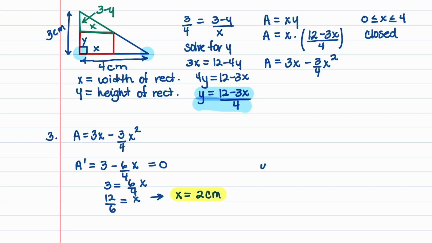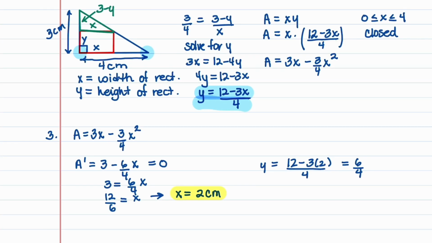So let's say that y is 12 minus 3 times 2, all divided by 4. This is 12 minus 6, which is 6 divided by 4. We can say then that y is equal to 3/2, or 1.5 centimeters.